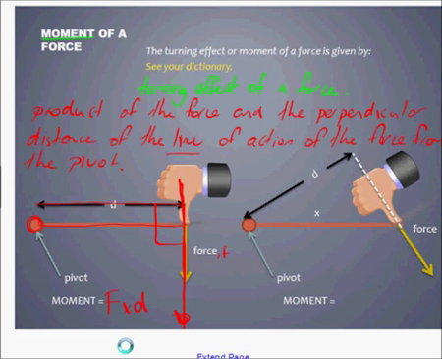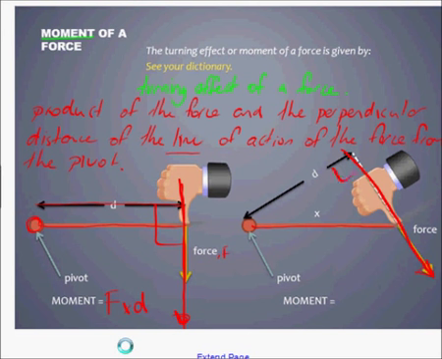In this case here, the force is no longer perpendicular to the stick. So we still need to do the product according to the definition. That is the line of action of the force, so that's that line down there, and the perpendicular distance.